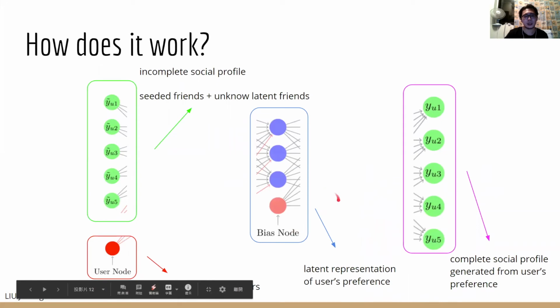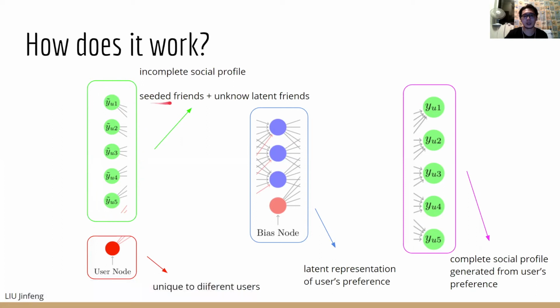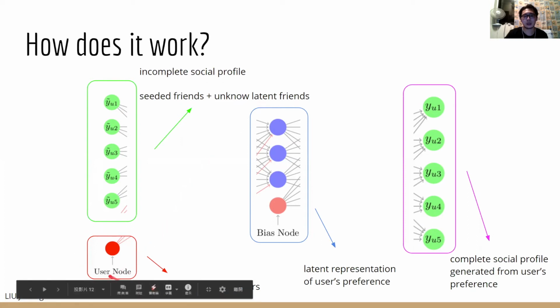And in this part, I will give you some intuitions about the CDAE. The input part I have mentioned in the last slides. We feed the seeded friends with the noise. We want to remove the noise. And there is another extra node in the input layer. It is different for different users. It represents the user's preference to make friends.